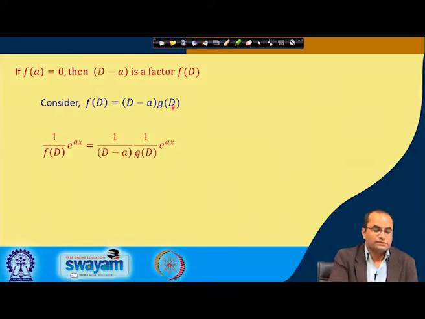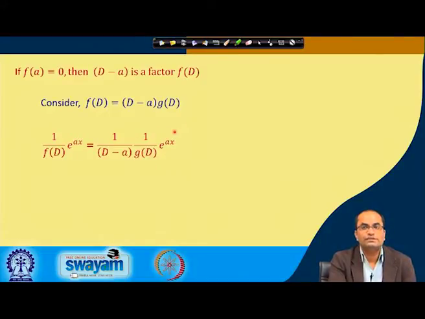So, in that case, 1/f(D) e^(ax), when we operate here, we can write down as 1/(D minus a) and 1/g(D), because f(D) was (D minus a) and g(D). And now, we can operate first this e^(ax) on this 1/g(D).